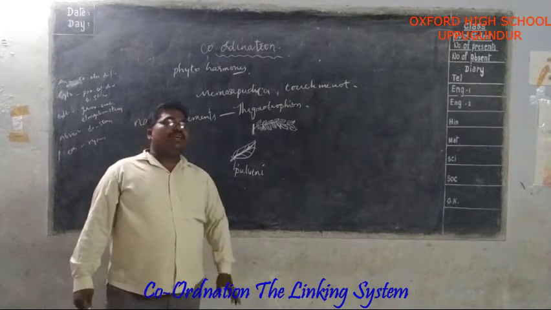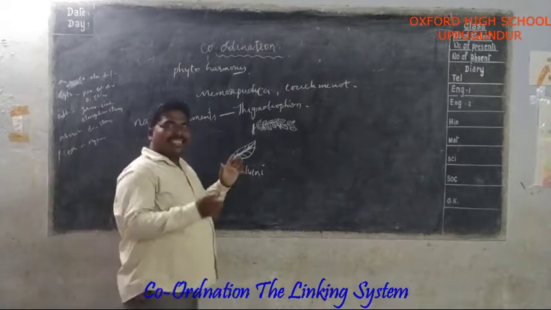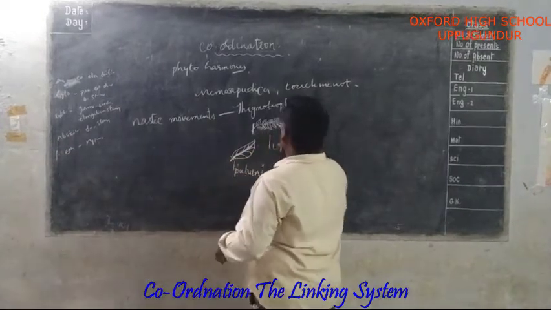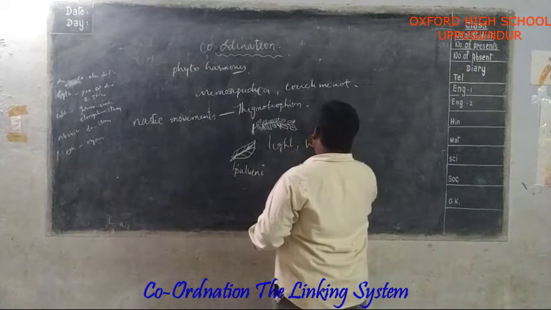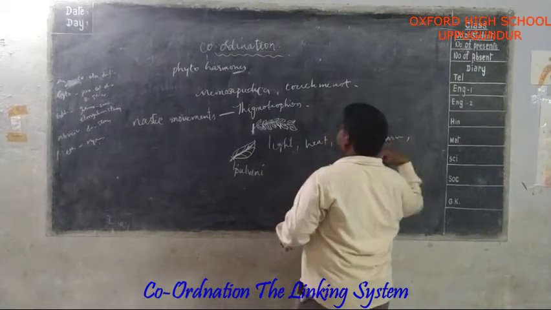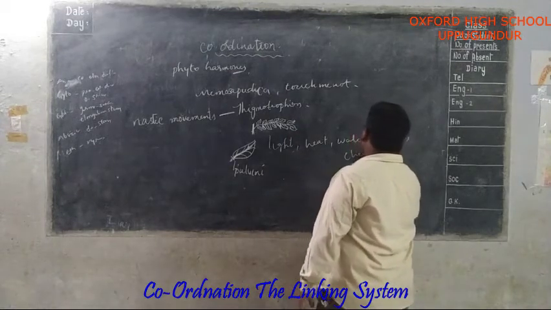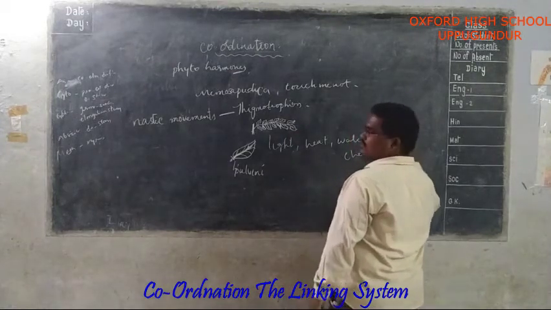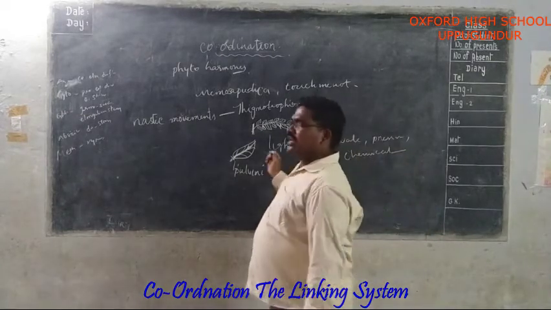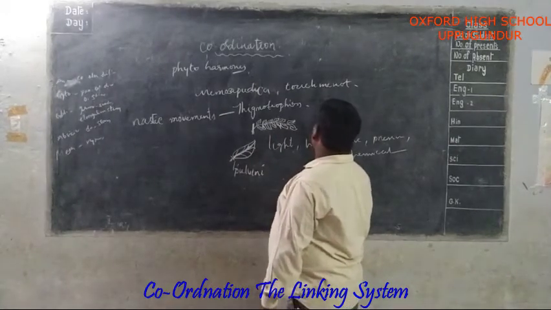These hormones can sense changes like light, heat, water, pressure, sunlight, chemicals, and ground, that means the soil, the land.